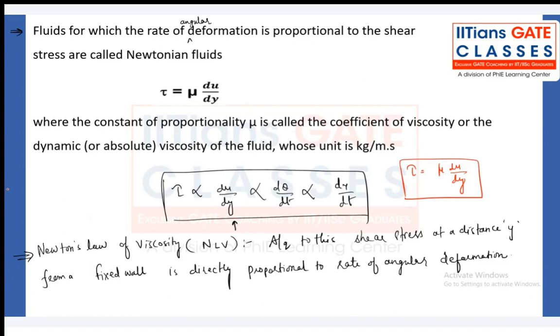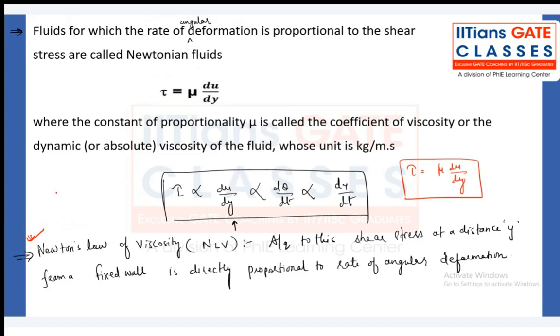What you can start noting down from here: you just start from here. Don't write this one as of now. You start writing from here, whatever the marking I have done with the red color.